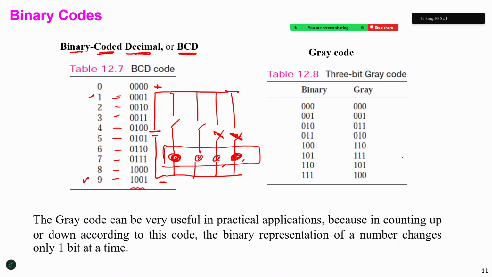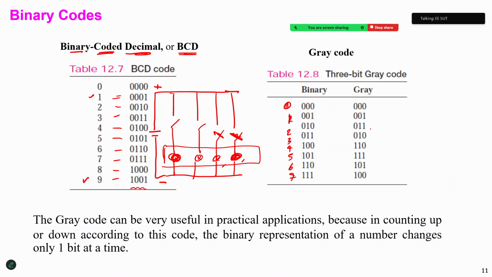Okay, and we also have the gray code. The gray code is 0, 1, 2, 3, 4, 5, 6, 7. It's 8 values, 8 numbers, right?